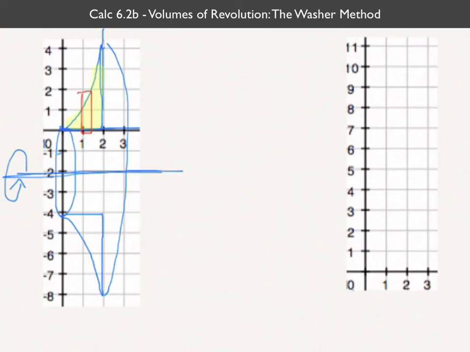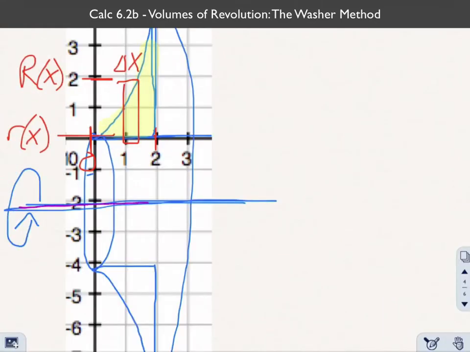Okay, so in this case we need to find our capital R of x and then our lowercase r of x, and then the width, of course, is delta x, and the limits of integration here are going to go from 0 all the way to 2. Okay, so this is where it can get a little bit tricky if your axis of revolution is not the y or x axis.